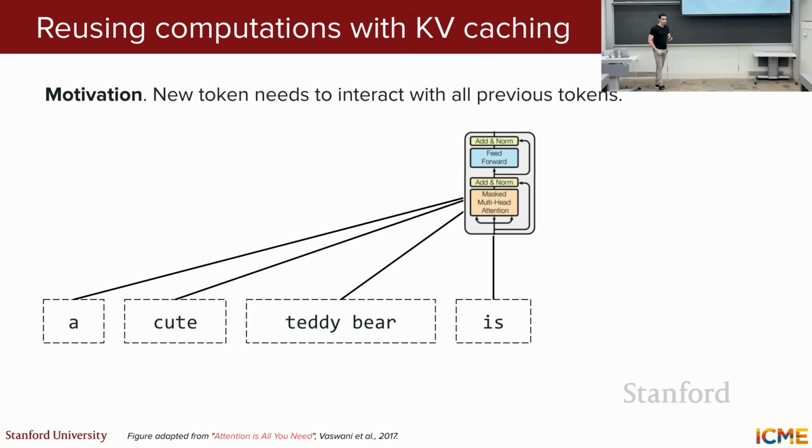Now you have the query "eats". You will compute the key representation and the value representation of "eats" because, of course, you have to do it. It's your current token. But we want to have a way to reuse the past computations we had done to compute the key representation of the previous tokens and the value representation of the previous tokens. Does that make sense as a goal? Does everyone agree?